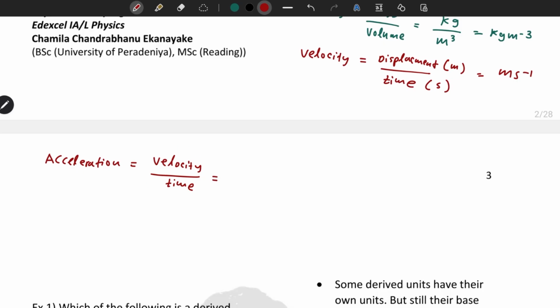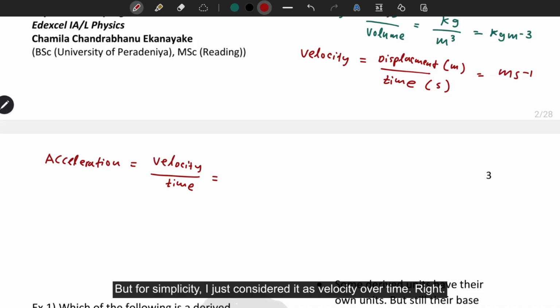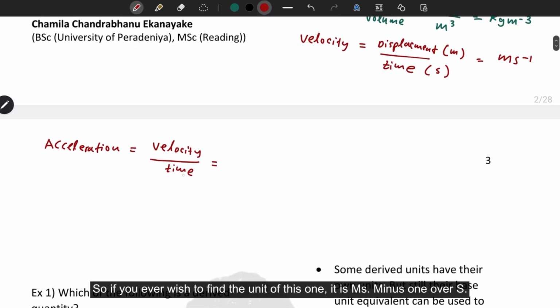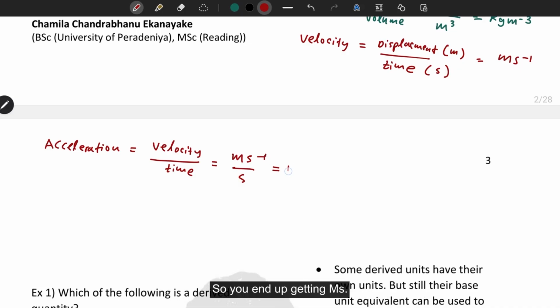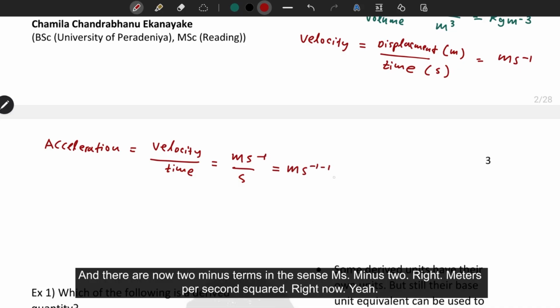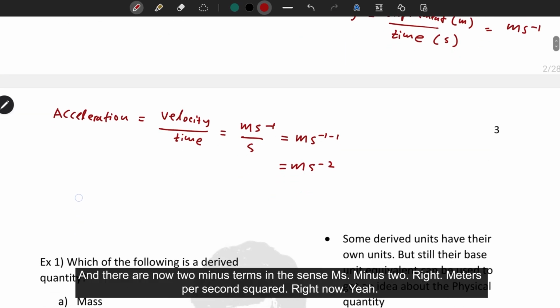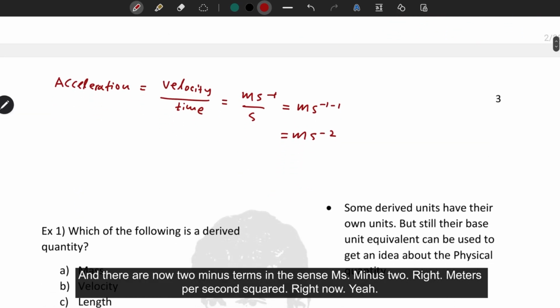It's change in velocity over time. Right, so if you ever wish to find the unit of this one, it is m s minus 1 over s. So you end up getting m s, and there are now two minus terms, in the sense m s minus 2. Right, meters per second squared.